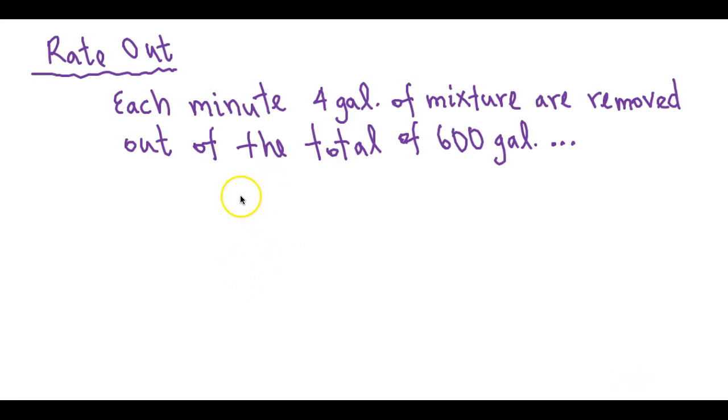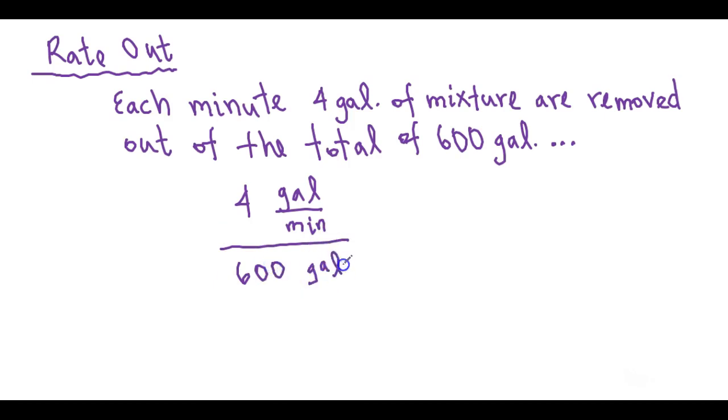So let's write that as a ratio. Okay, so we have 4 gallons per minute divided by 600 gallons. So this would leave us with the number 4 over 600.